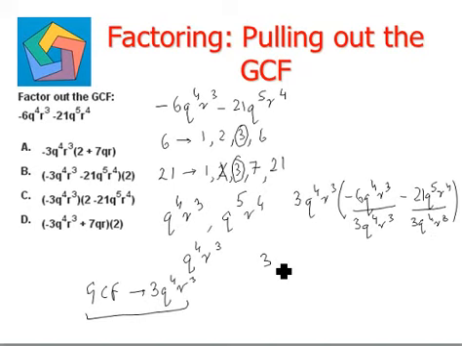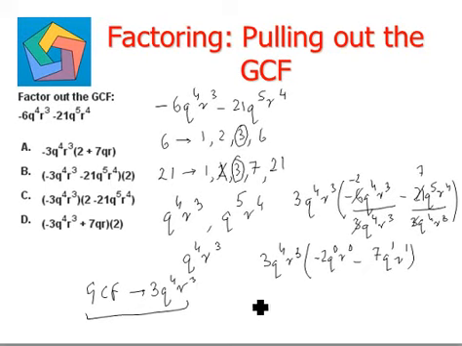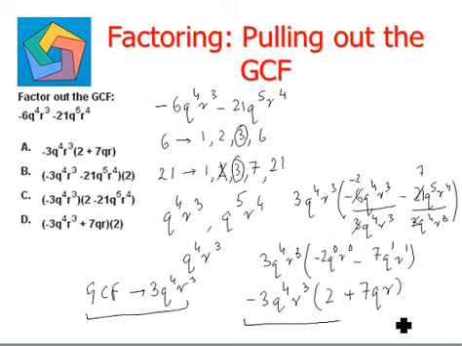So the GCF outside, inside we are left with negative 2q^0 r^0 minus, this is 7q to the power of 1 r to the power of 1. We pull out a negative sign: negative 3q^4 r cubed. Anything to the power of 0 is 1, so (2 plus 7qr). This is our final answer and can be seen in option A.